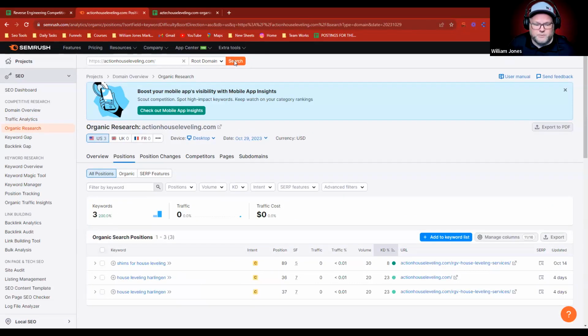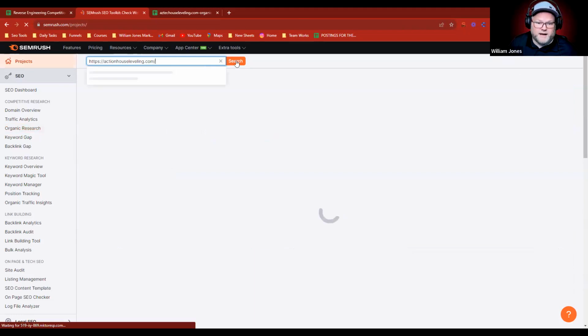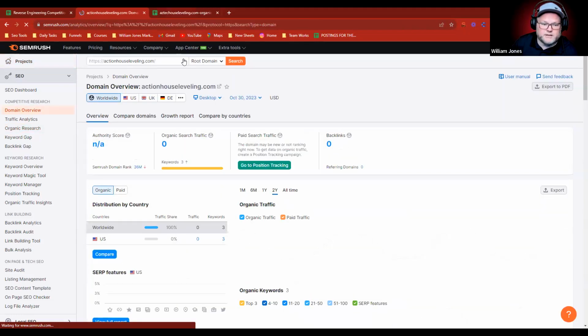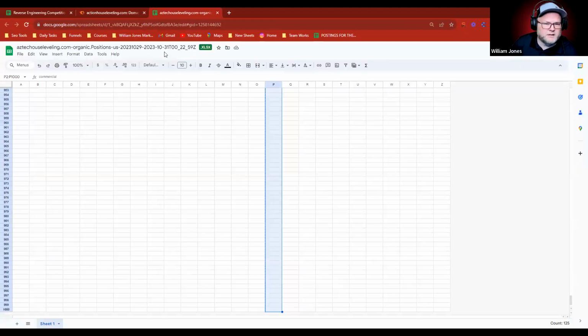Okay. You got 3 keywords. Shims for house leveling, Harlington, house leveling, Harlington. So I'm not even honestly going to compare it. But if I was looking at your site and actually comparing it, I'd put separate columns and say, okay, do I have any of this or not?